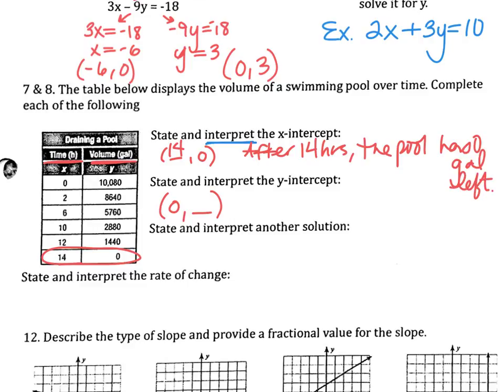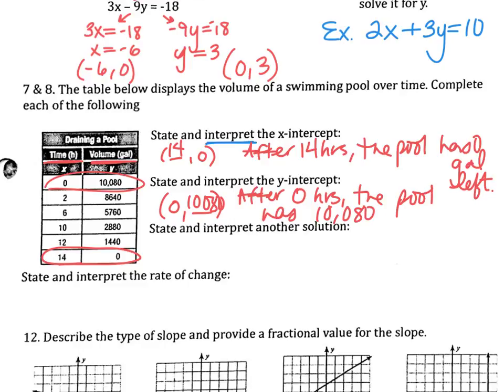And then the y-intercept is going to be (0, 10,080). So after 0 hours, or you can say at the beginning, the pool has 10,080 gallons.